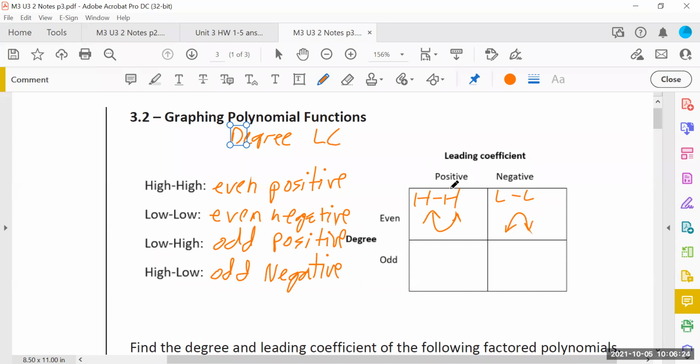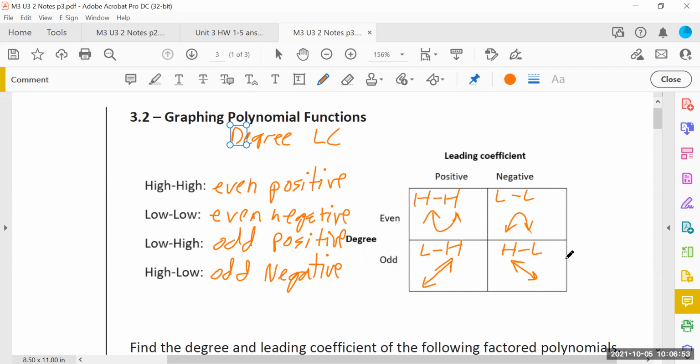Odd and positive gave us low, high, like a straight line. Odd and negative gave us high, low, like a negative straight line. Does that idea make sense to everybody? Those are the only 4 options. Every graph is going to be one of those 4. And the way we tell is for polynomial functions, the degree and the leading coefficient.